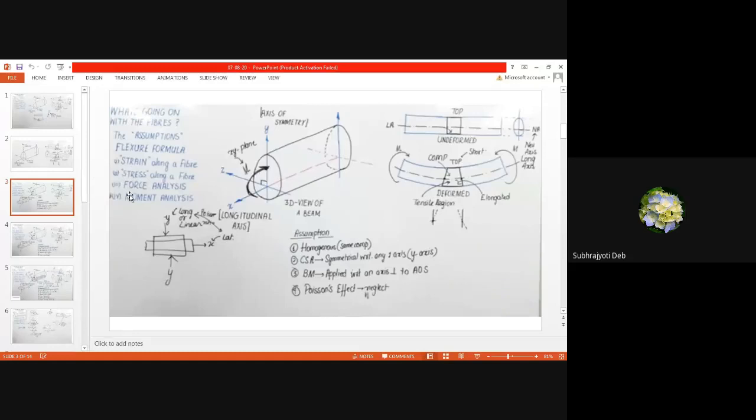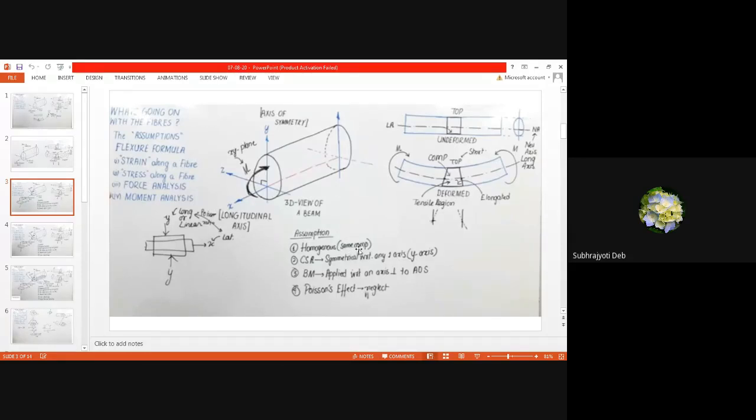Whatever we have to assume some things. In case of bending of beams, there are some assumptions. So number one is the beam has to be homogeneous. Homogeneous means it's the same composition. That means the whole thing has to be built with the same composition.